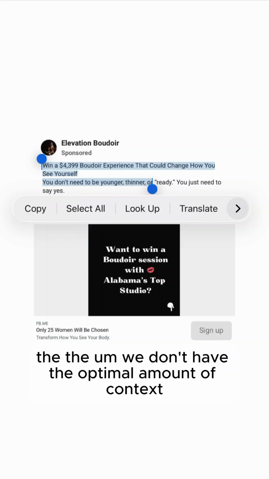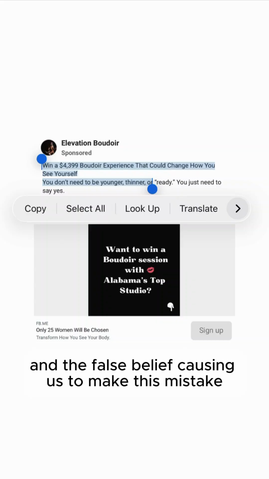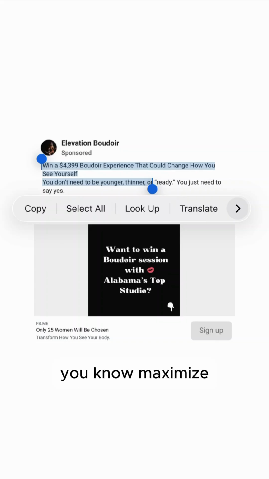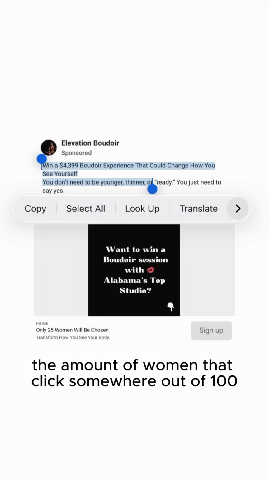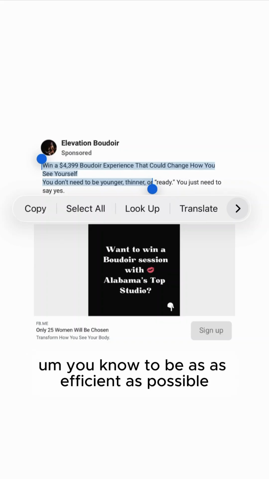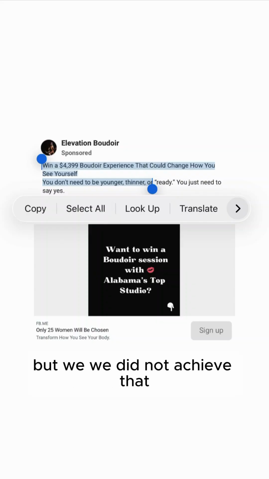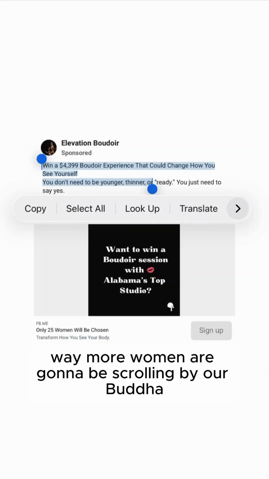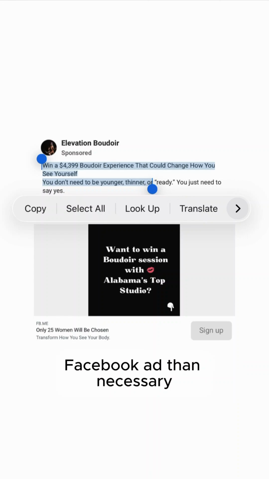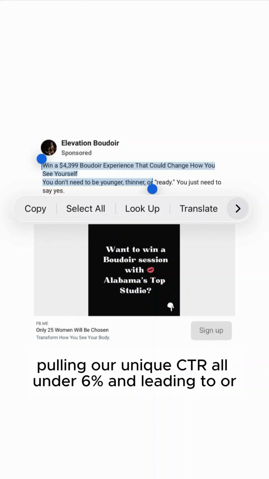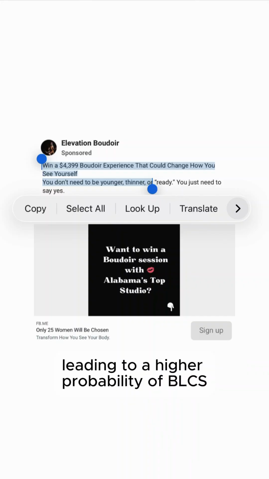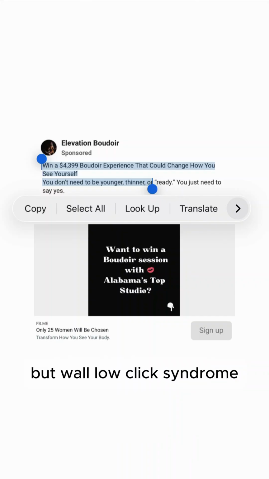We don't have the optimum amount of context, and the false belief causing us to make this mistake is that we thought we had enough context to optimize the amount of women that click somewhere on our ad out of 100, to be as efficient as possible, but we did not achieve that. So the consequence of this: way more women are going to be scrolling by our Boudoir Facebook ad than necessary, pulling our unique CTRL under 6% and leading to a higher probability of BLCS, Boudoir low click syndrome.